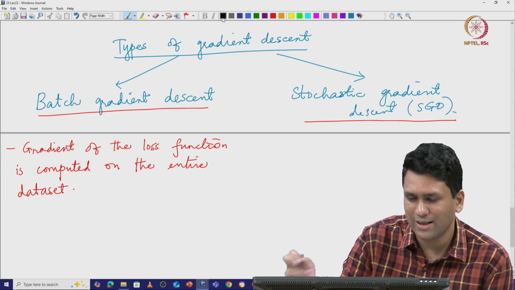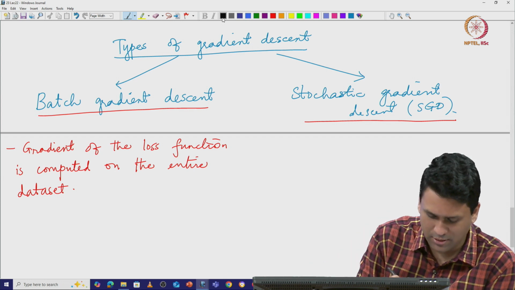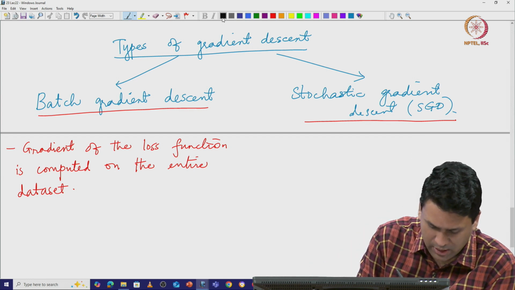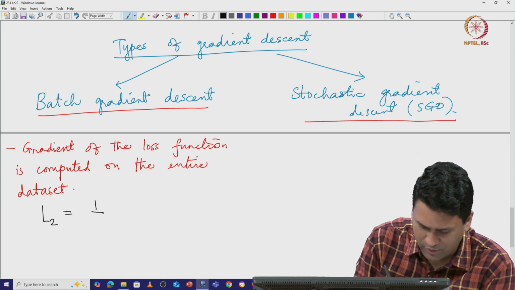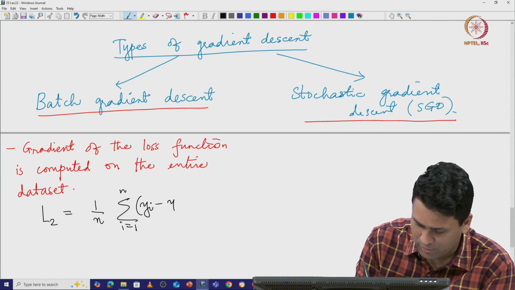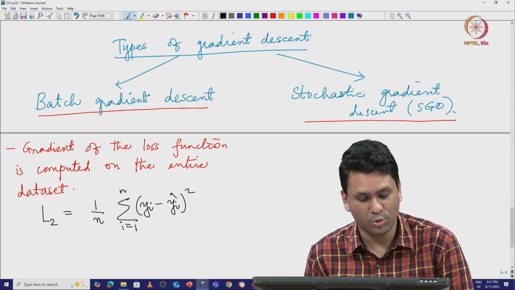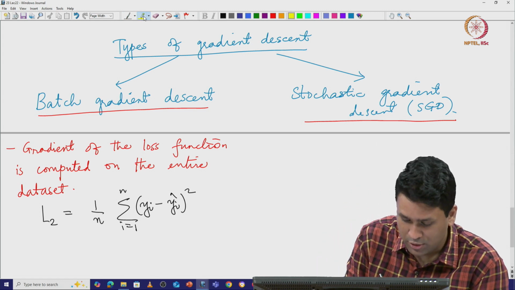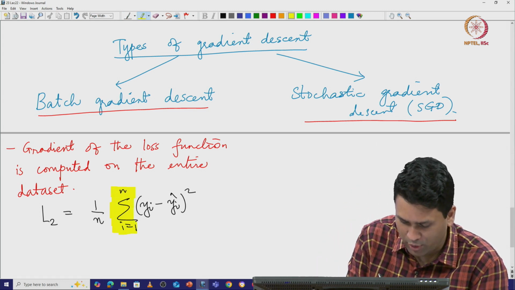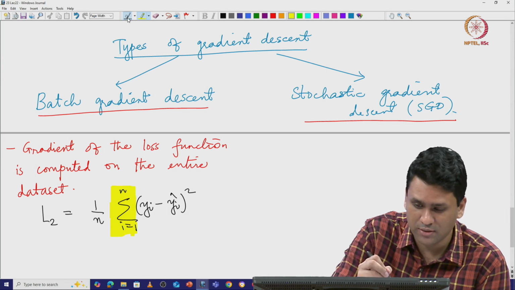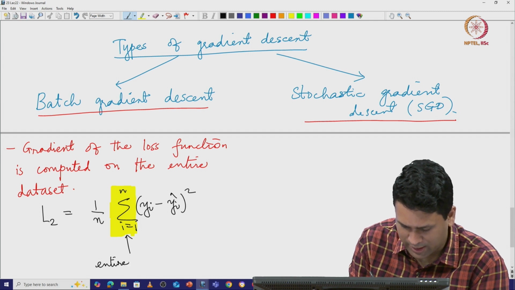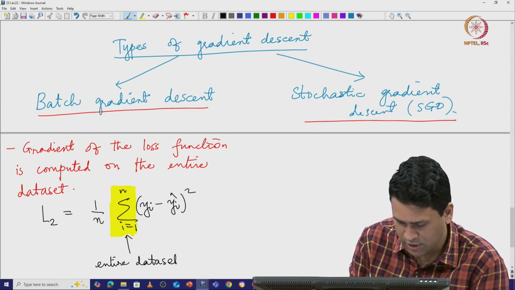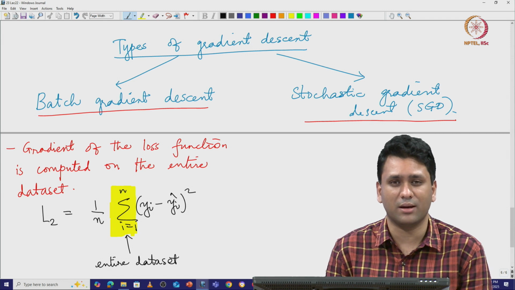Let's take the example of the mean squared error loss function. The L2 loss or the mean squared error loss looks something like this. It's basically 1 over n, sum i going from 1 to n, (yi true value minus the predicted value yi hat) whole square. So in principle you have to sum over all the data points and compute the deviation for all the points, and this is what is meant by the entire data set. This summation is going from 1 to n, where n is the number of data points.